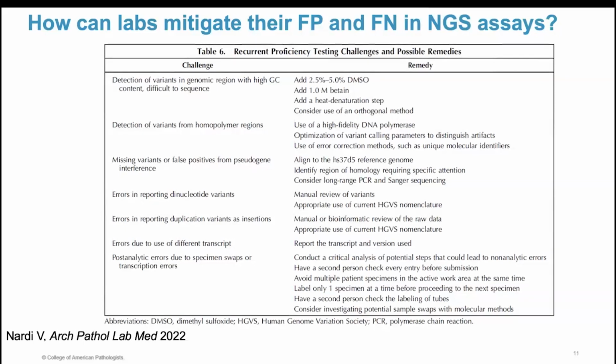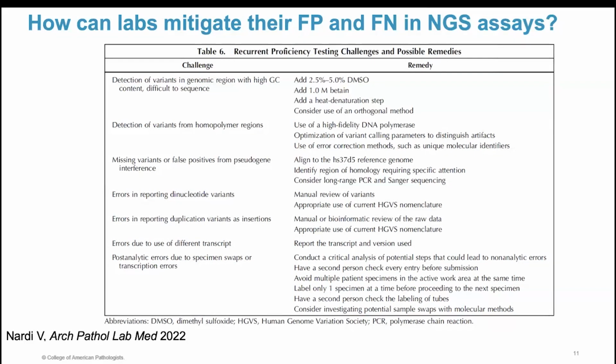Well, if we look at the detection of variants in genomic regions with high GC content that are difficult to sequence, laboratories could include DMSO at 2.5 to 5% or betaine, or include a heat denaturation step, or eventually consider an orthogonal method.